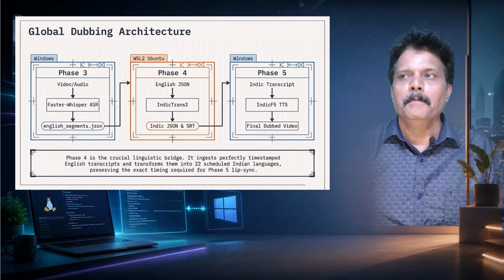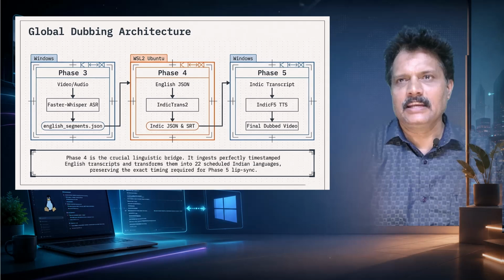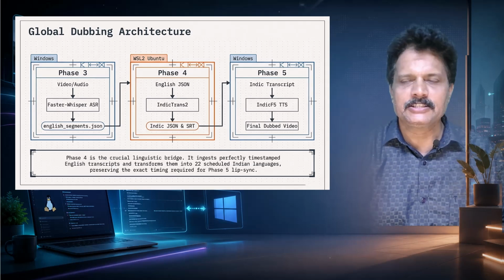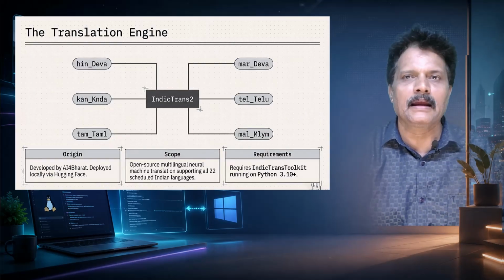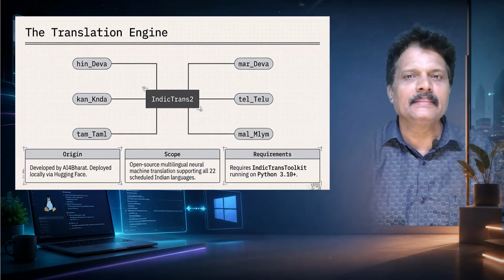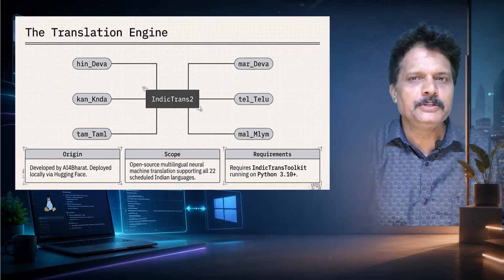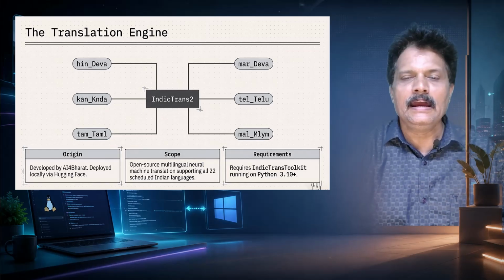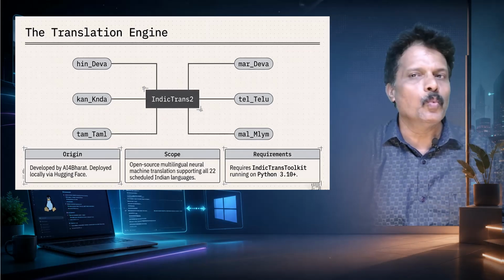Phase 4 builds on that output by translating the English transcripts into Indian languages such as Hindi, Kannada, Tamil, Telugu, Malayalam, Marathi, Bengali, Gujarati, Punjabi, Urdu and others using the model IndicTrans 2. The main objective of this phase is to create a reliable bridge between speech-to-text transcription and Indian language voice dubbing.